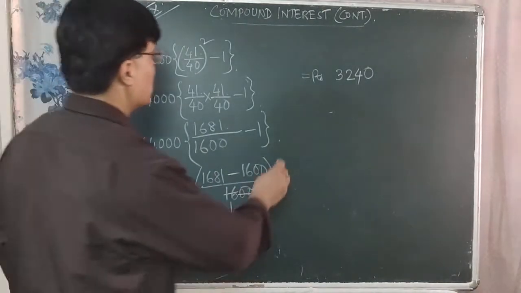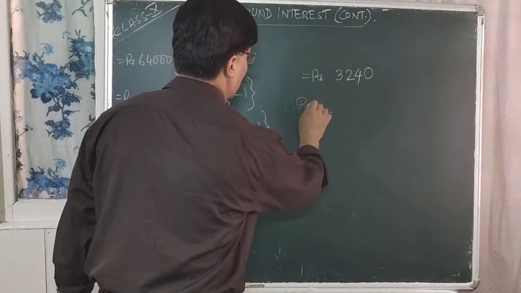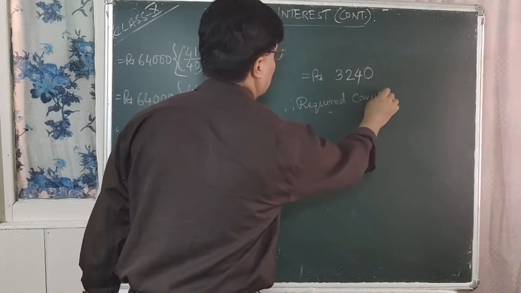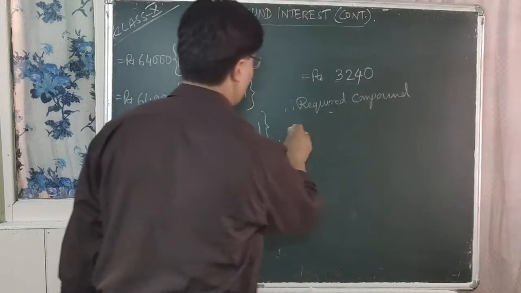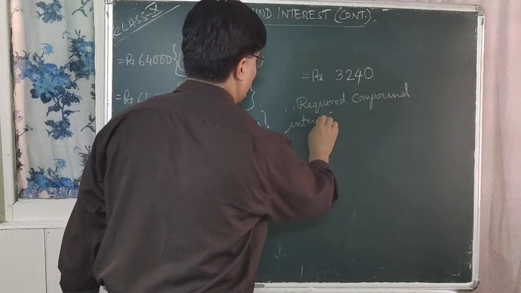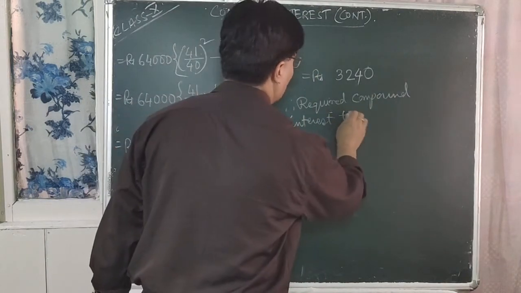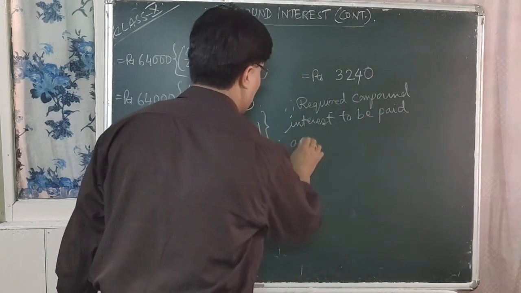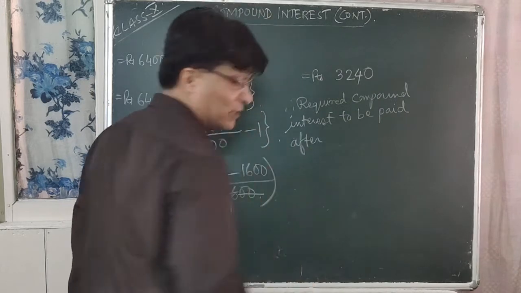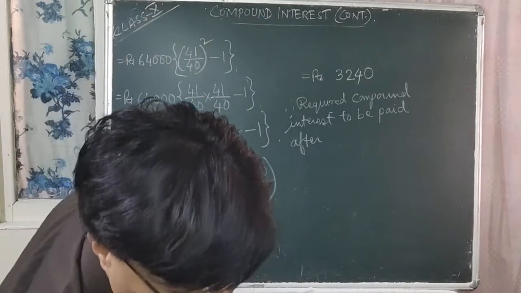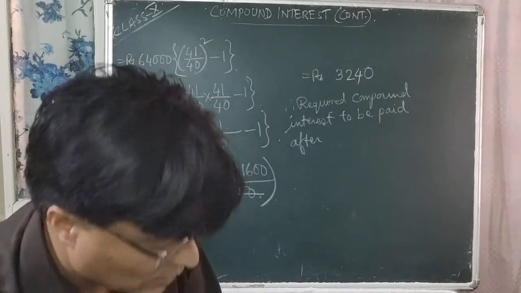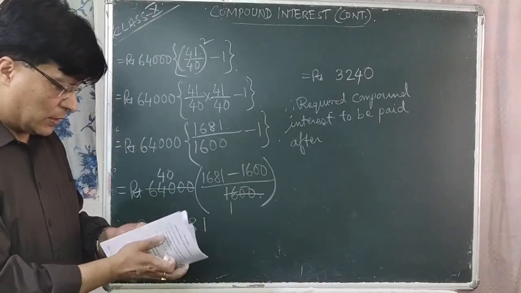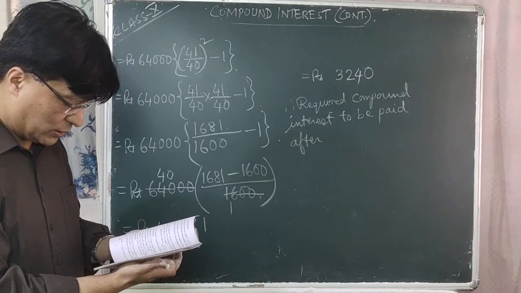Okay. So therefore, required compound interest to be paid after how many years? After 2 years, I think.